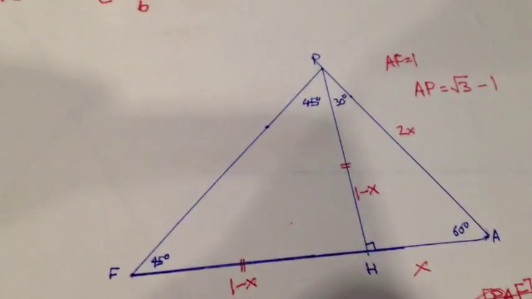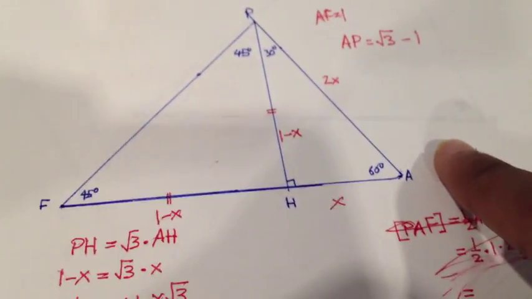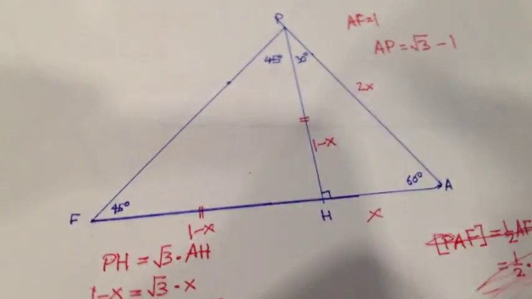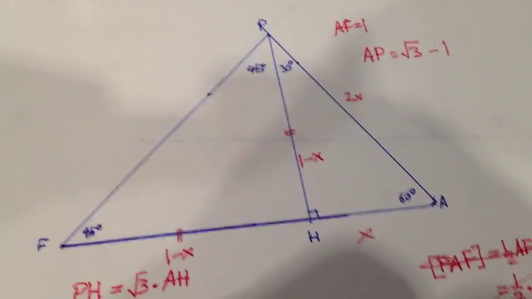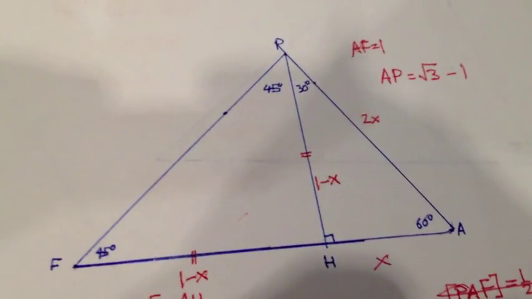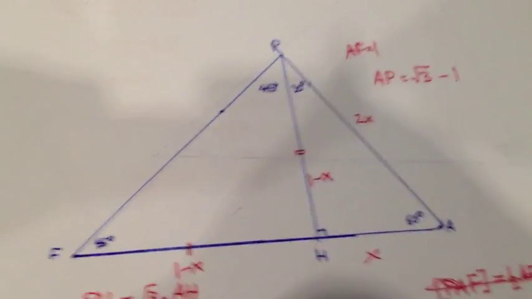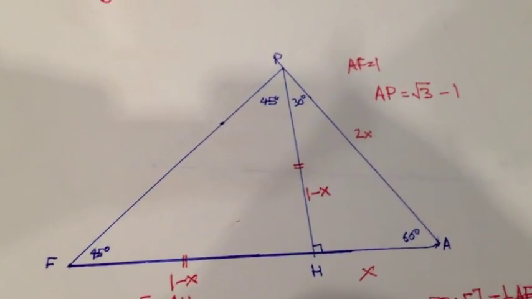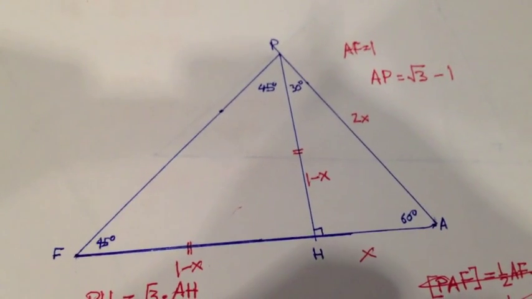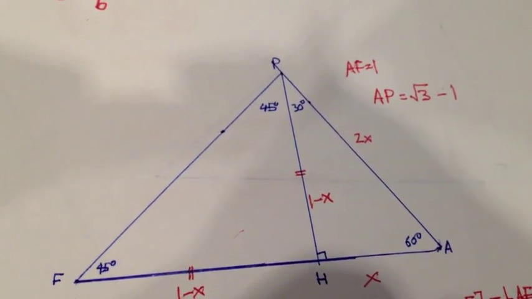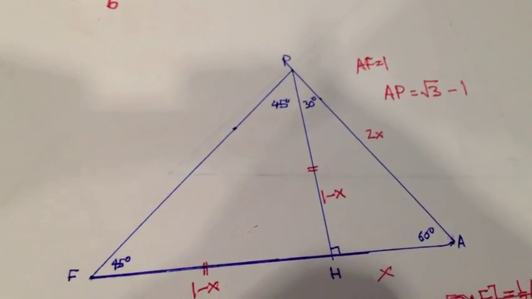So here we're going to use AF as A, AP as B, and angle A as C. And this works because the two sides are sandwiching the angle, which is the correct way to use the formula. So we know that AF is 1, AP is √3 minus 1, and angle A is 60 degrees.